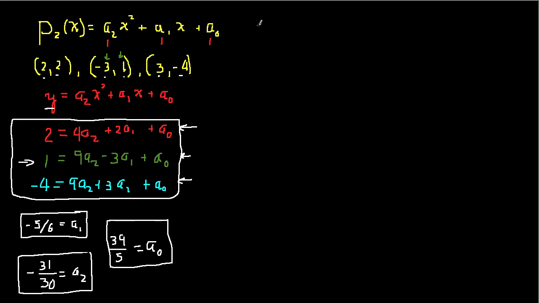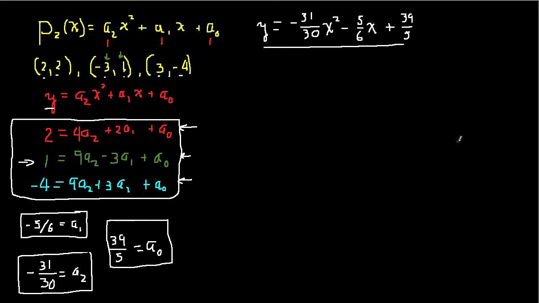I can say that y is equal to -31 over 30 times x squared minus 5/6 times x plus a0, which is 39 over 5. So if my calculations are right, this parabola goes through these 3 points. So I'm going to plot this equation on my grapher.